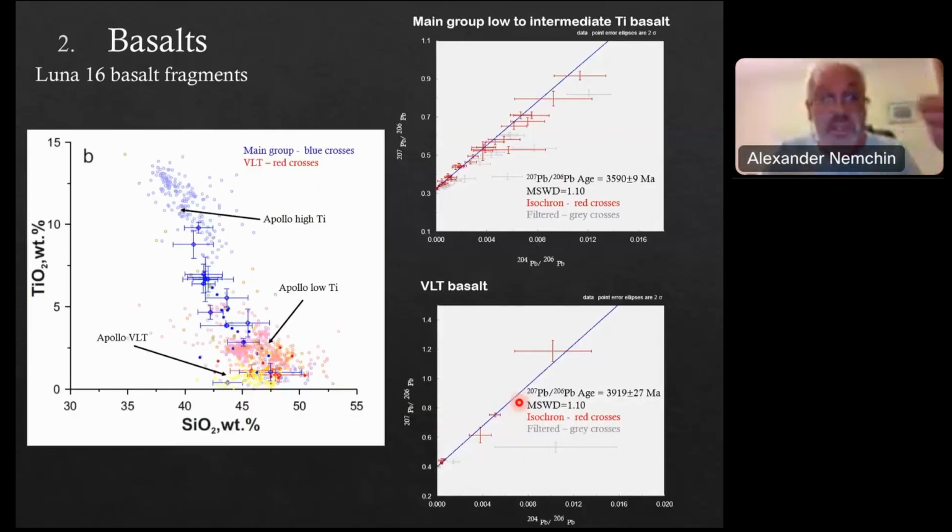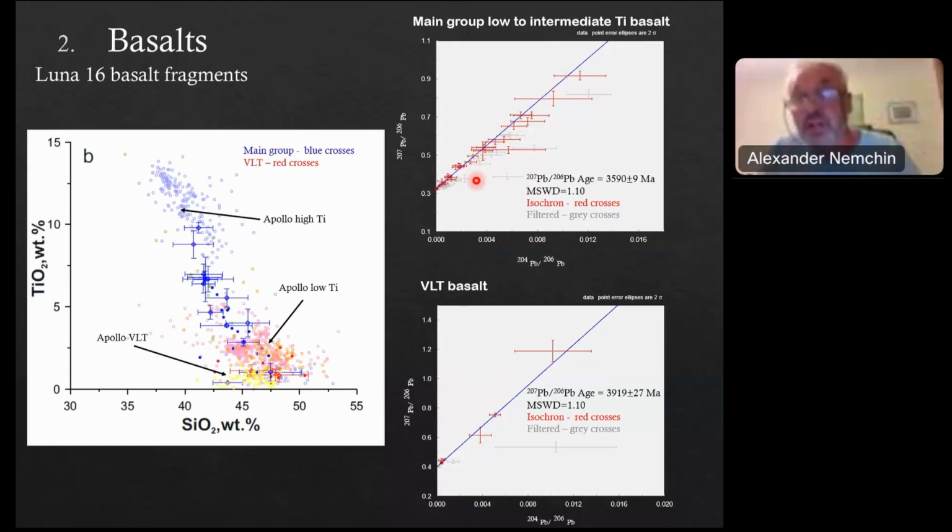Okay, well, I mentioned that we've got VLT and the normal intermediate type of basalts there. But the important thing is that, as I said, we randomly analyze a lot of different spots, and some of them contain more uranium-rich minerals, some of them contain less, and as a result, you hope to get what is called an isochron.